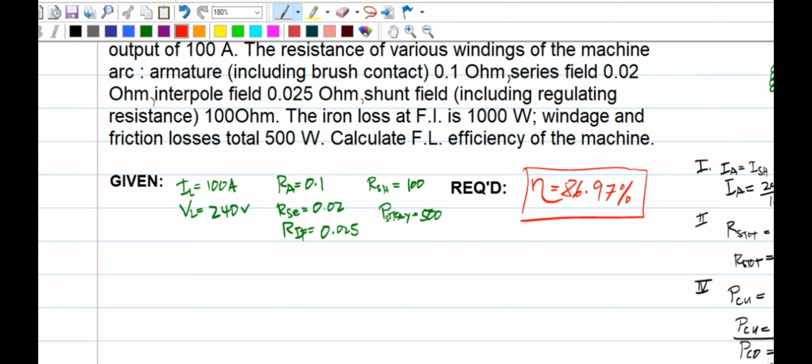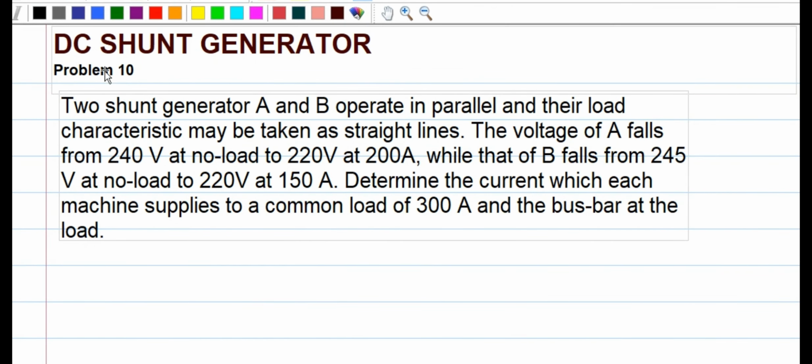Thank you. For another problem, we have two shunt generators A and B operating in parallel and their load characteristics may be given as straight lines.